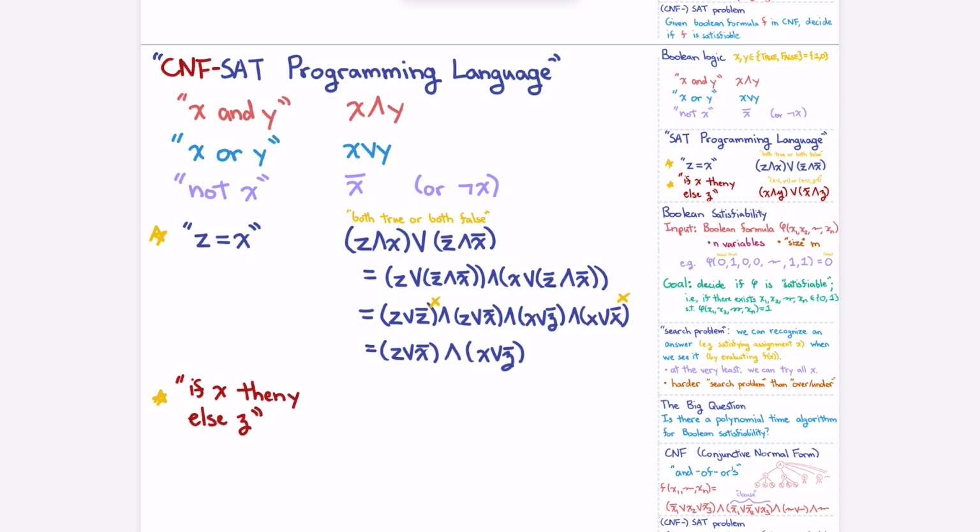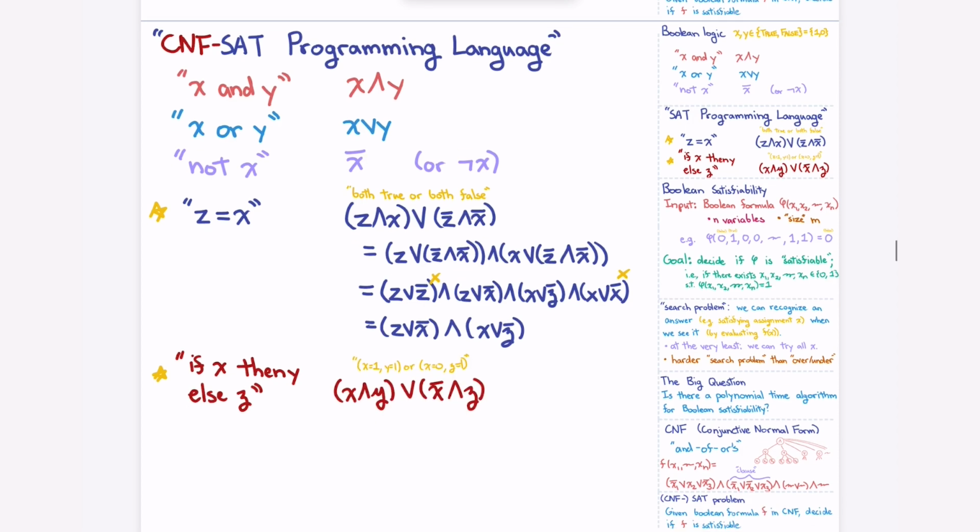We can also try to do if-else statements. So what we did before was like this. If we apply De Morgan's law or factor this thing out, what do we get?